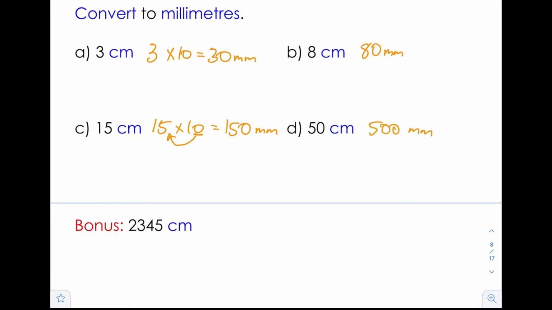And again, you're just adding a 0 to the end. Here, 2,345 centimeters would equal 23,450 millimeters. Same numbers with just an extra 0 added to the end.